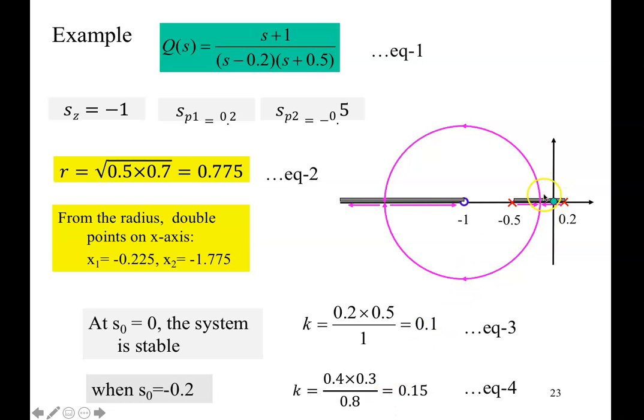Minus 0.2 to the open loop zero, minus 1, the distance is 0.8. So that will be 0.4 times 0.3 over 0.8. That gives me 0.15. So if I set the gain to 0.1, the system will be marginally stable because this pole will move from there to there. But if I set the gain a bit more, it will move the pole to somewhere there. So the system becomes more stable and performance will be better.